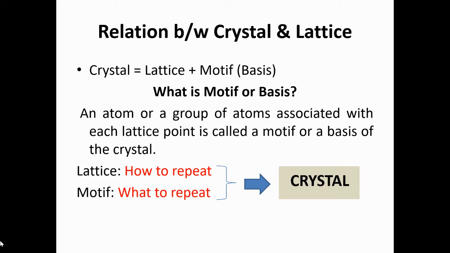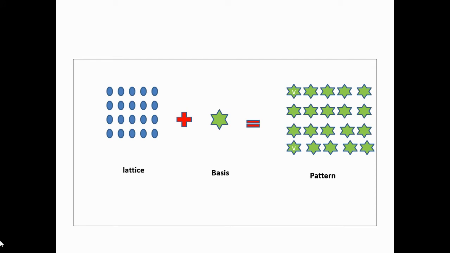So when you have both this information, that is how to repeat and what to repeat, you can get the complete information about the crystal. This is the pictorial presentation of crystal and lattice, showing how they are related to each other, and how the crystal structure is formed by lattice and the basis.